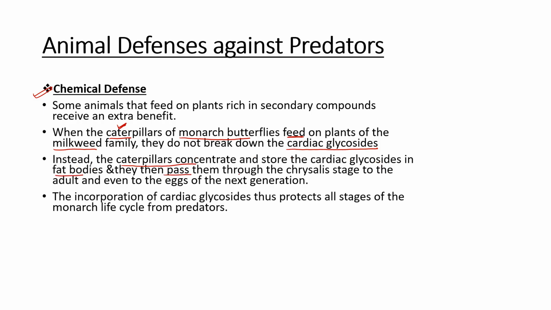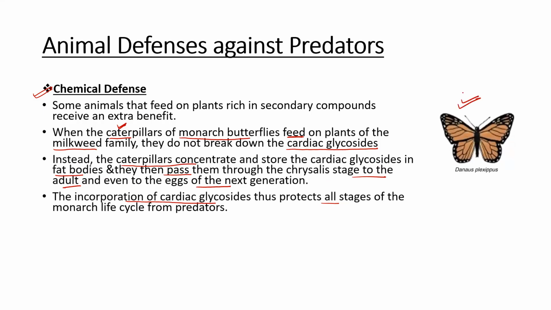They pass this to the different developmental stages and to the adult also, and they are able to pass it to the next generation also. So this incorporation of cardiac glycosides is protecting them from predation. This is a chemical defense which prey has developed against predators.